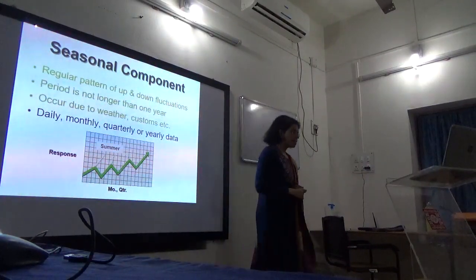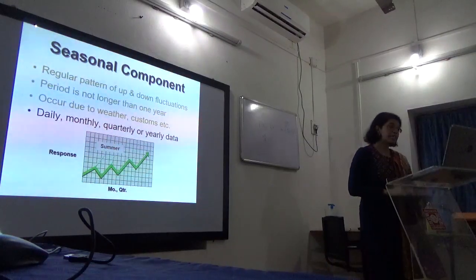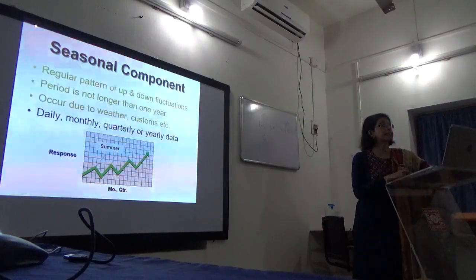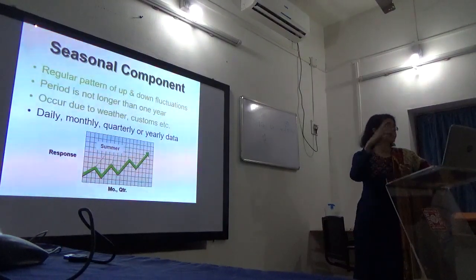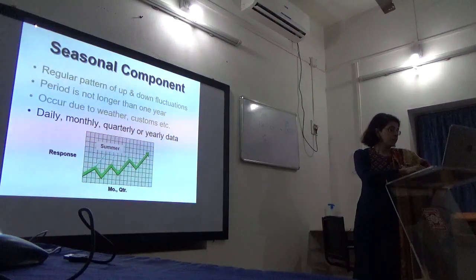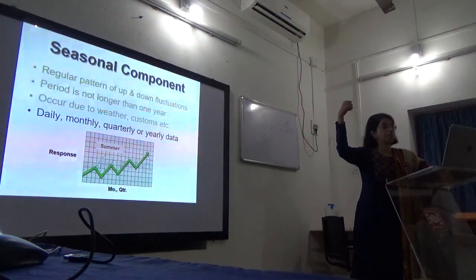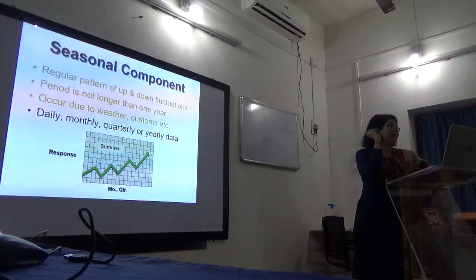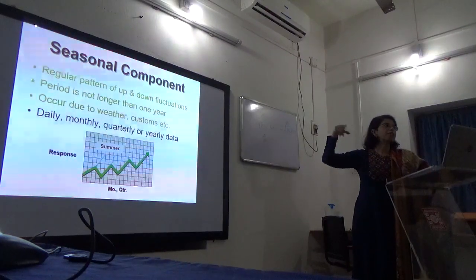While the cyclical component is not so easy to understand, because in the cyclical component the period is greater than 1 year, the seasonal component is very easy to understand. Okay, during Christmas we always rush to Monginis or Sugar and Spice, and we try to grab cakes, pastries, muffins like that. So every year you follow that trend.